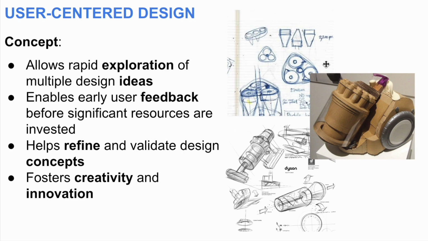Dyson drew thousands of sketches and made hundreds and hundreds, actually I think even thousands, of prototypes of his vacuum before he actually pushed it out into the market and tested it. So it's important, and he spent a lot of time exploring ideas. That's what we're doing in the concept stage. We're exploring ideas with user feedback. This is key, with the user feedback.